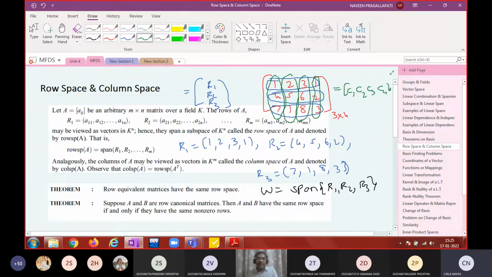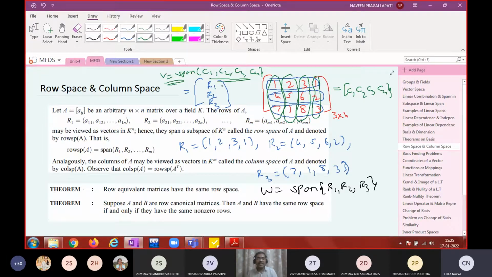Again, I can generate a space V which is equal to span of C1, C2, C3, C4. That is also going to form a space because the span of any given set of vectors forms a space. So that space is called column space, because it is generated by the set of columns of a matrix.